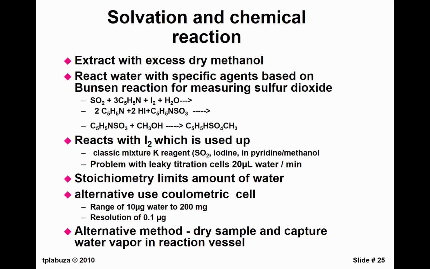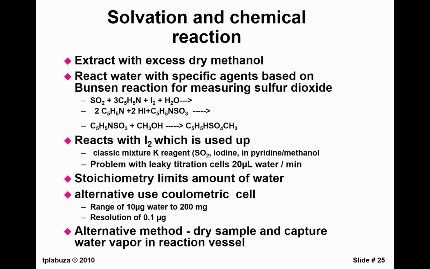Now solvation and chemical reaction, that's what the Karl Fischer method is. You react water with specific agents based on what's called the Bunsen reaction for measuring sulfur dioxide. So basically you have sulfite, pyridine, iodine, and water, which then reacts to produce hydrogen iodide.